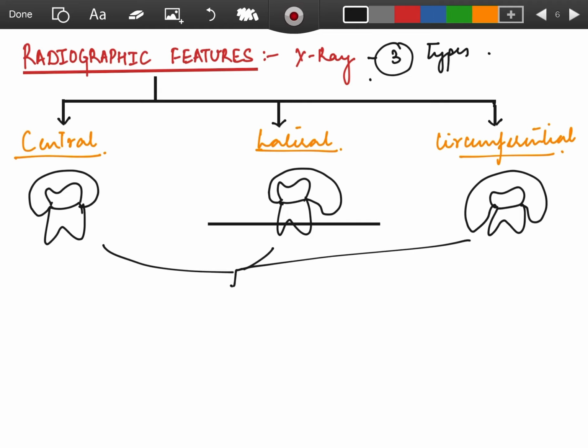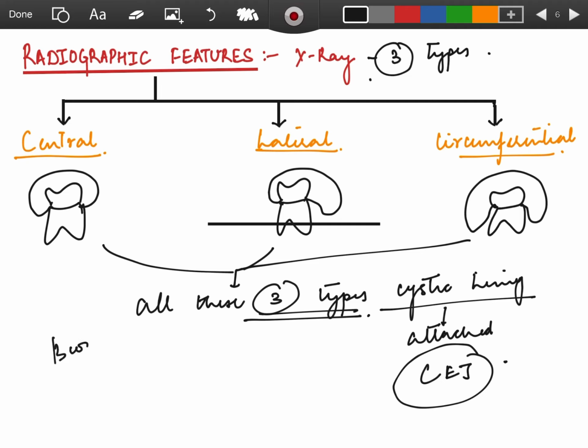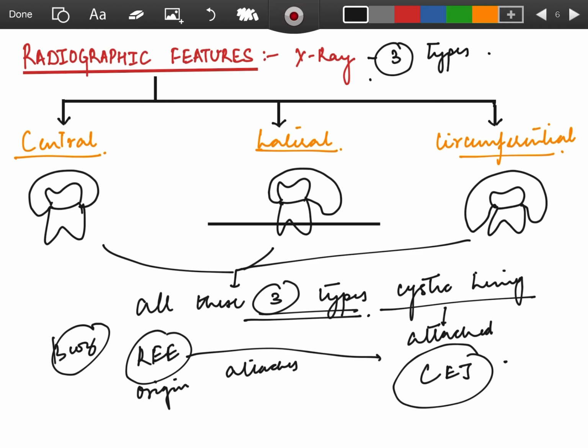In these three types, the cystic lining will be attached at the cemento-enamel junction. This is a similarity between these three types, because as we know the origin of the dentigerous cyst is from reduced enamel epithelium, and it is attached at the CEJ, that is the cemento-enamel junction.